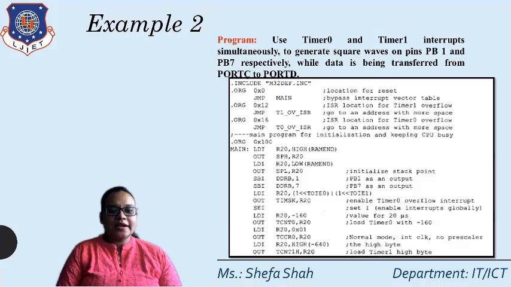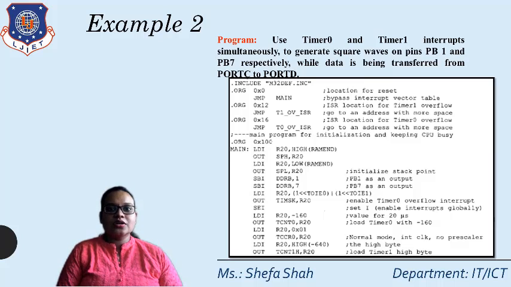Then we have set the first bit of port B and the seventh bit of port B as output. So using the SBI instructions, SBI DDRB, 1 and SBI DDRB, 7, we are making these pins output. Then we are setting the interrupt, right, using the TOIE flags of 0 and 1 as 1, and we are enabling the interrupt using the instruction SEI, right.